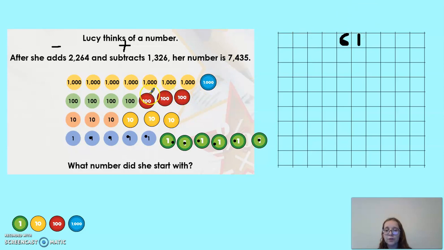There are 7 in our hundreds column, so that's going to be 700. And there are 8 in our thousands. So our new number after our first step is going to be 8,761. My pen is a little bit thick, so I'm going to change that to a smaller one. So we've done that. I'm going to give myself a little tick to remind myself that I've done that.